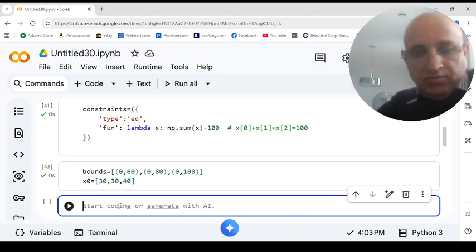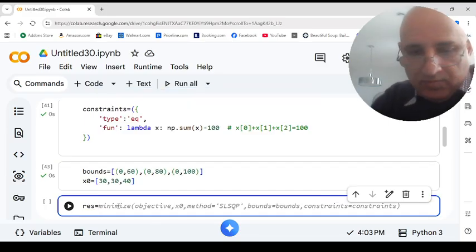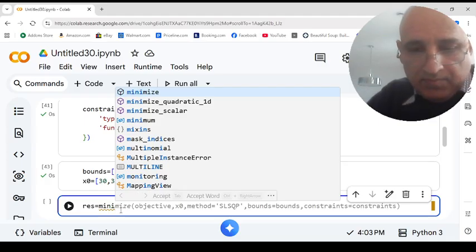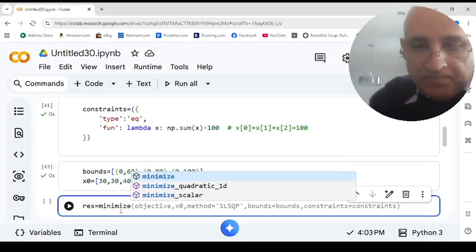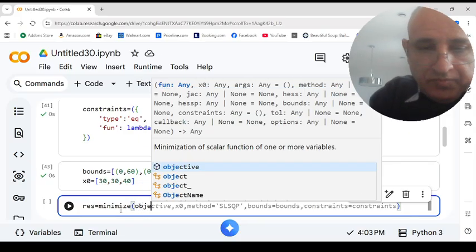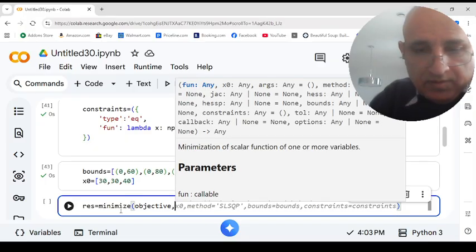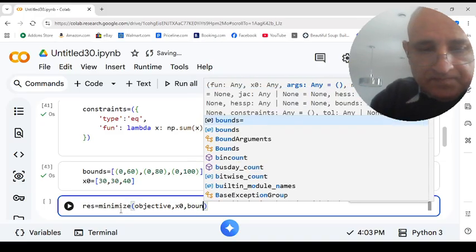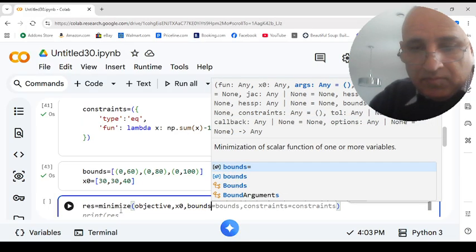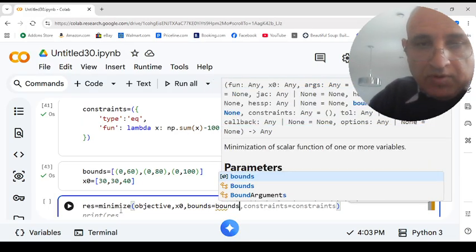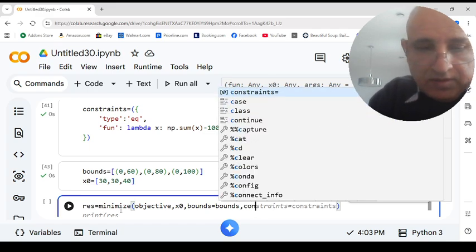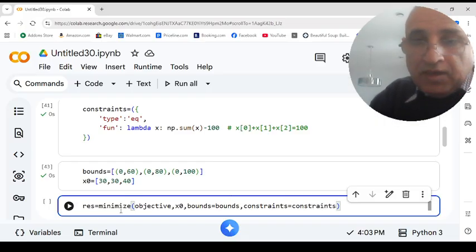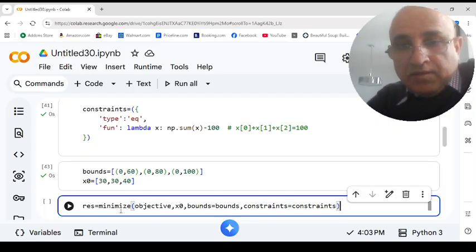And now we are ready to apply the minimize function: objective, initialize, and then bounds equal to bounds, constraints equal to constraints, because we are using the same names for bounds and constraints.